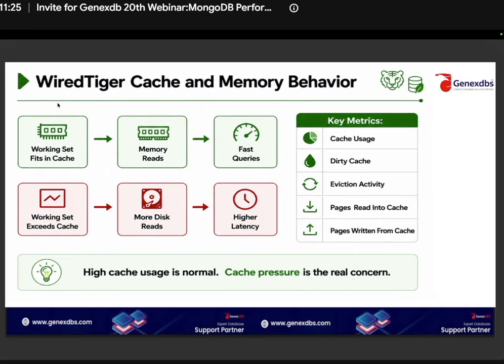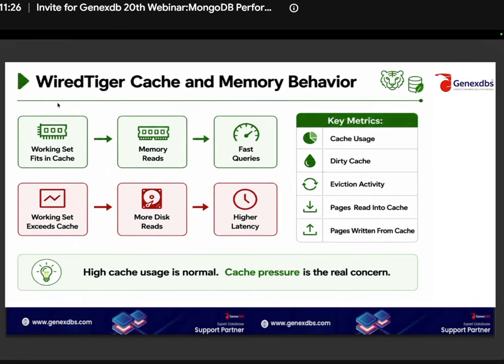These checkpoints will flush these dirty cache pages from this temporary memory to the permanent storage to ensure that the data is durable. A high dirty cache percentage is not automatically a problem, but if it combines with slow storage or frequent checkpoints, it will affect the write performance.